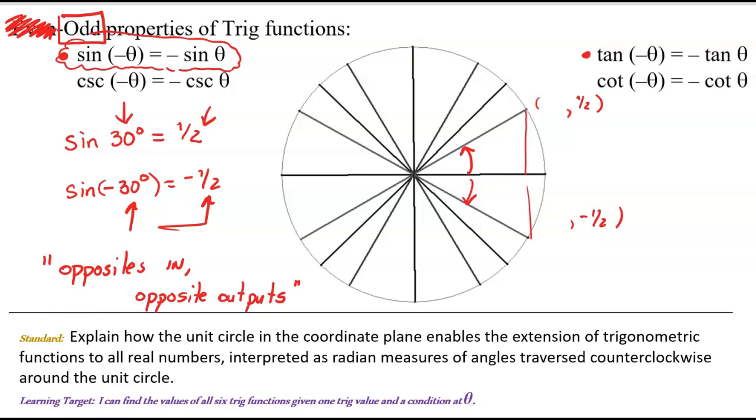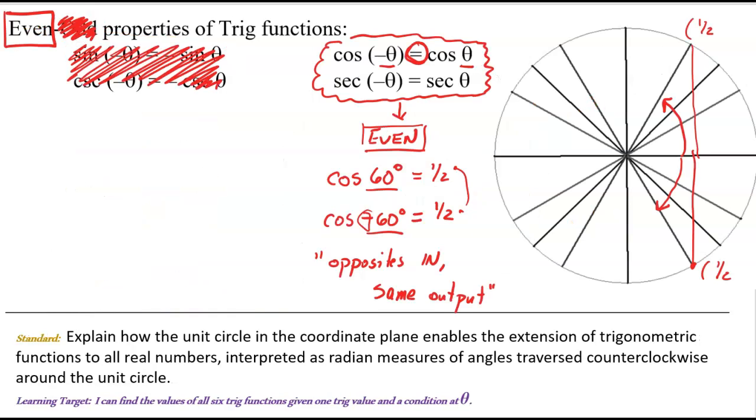So sine is an odd function. Tangent is also an odd function. So if you're trying to evaluate a negative angle, think about what the positive angle would give you and just change the sign. For even, if you want to evaluate a negative angle, just drop it and evaluate it because it won't change the output.